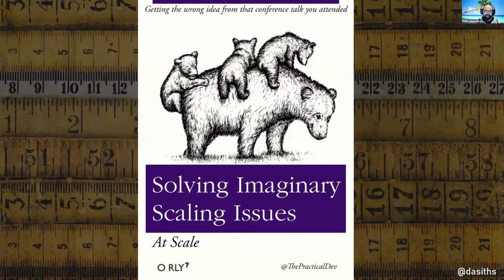So it turns out that this ties in nicely to architecture as well, because if you're using your imagination rather than factual data coming out of your system to architect, you might be wasting a lot of your effort and wasting a lot of your customers' money as well. So how can you prove that the system doesn't scale for the reasons you think it doesn't?